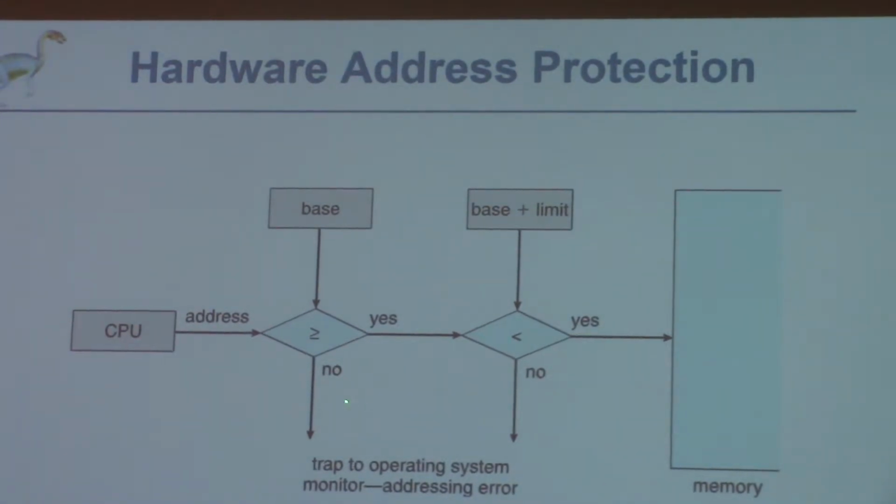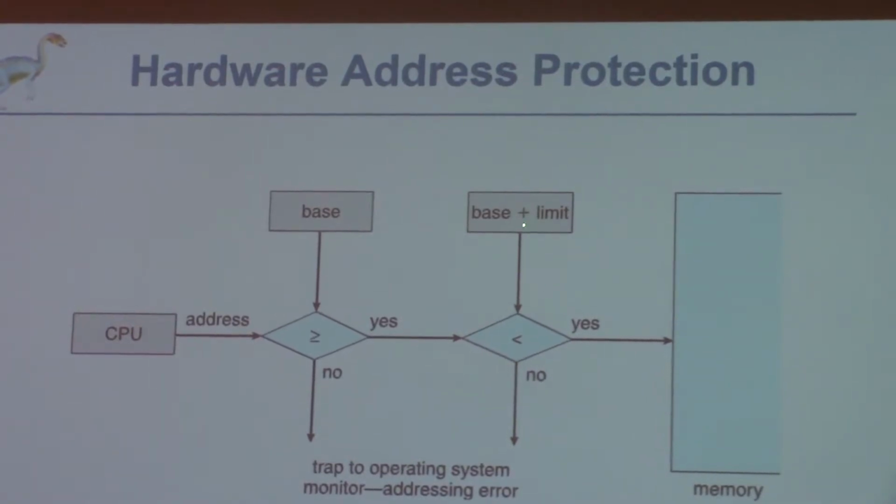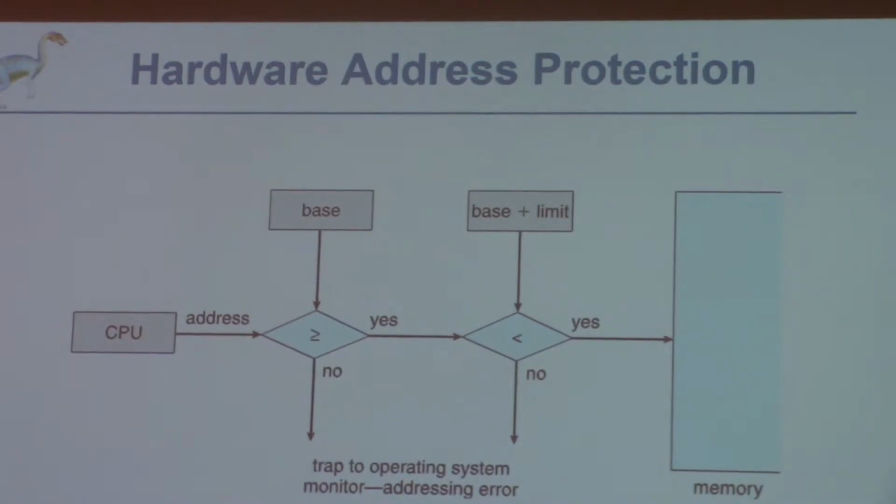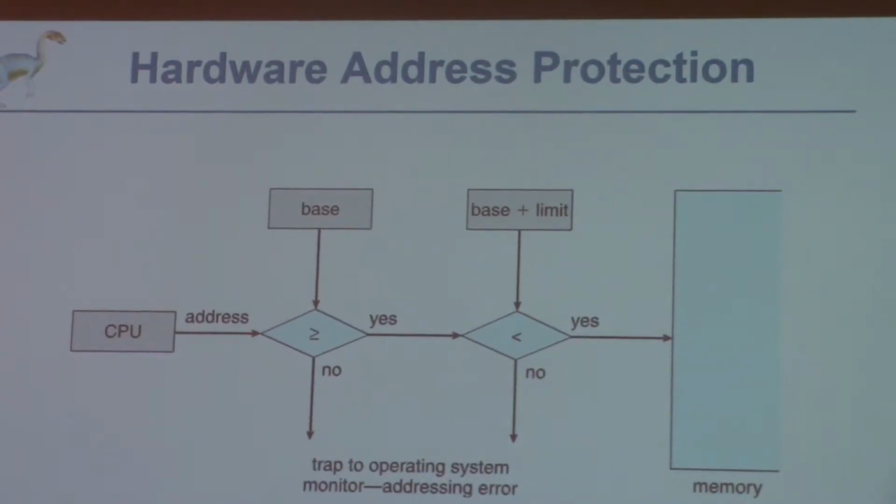This is the hardware implementation in the CPU. The CPU always checks whether the current program counter is bigger than the base, where the base is set for each process, and less than base plus limit. So the CPU checks that the PC is bigger than the base and less than base plus limit, meaning it is inside the boundary.